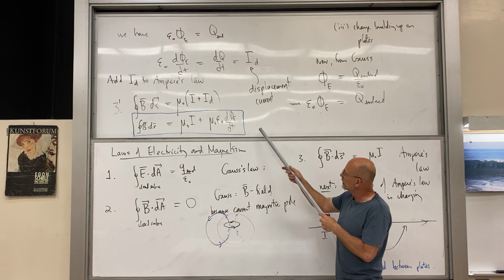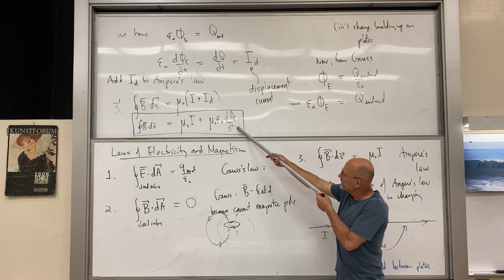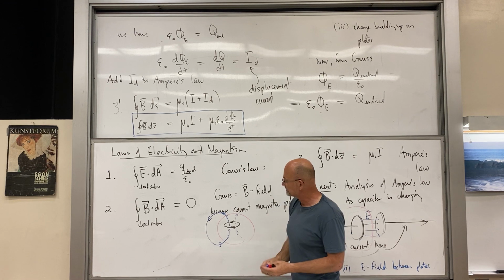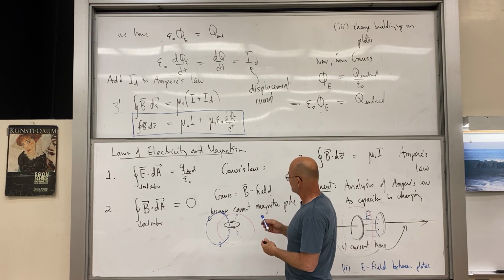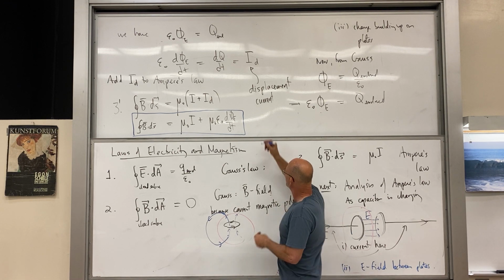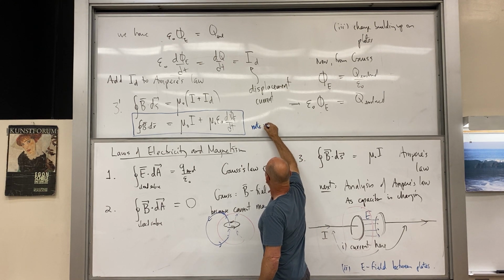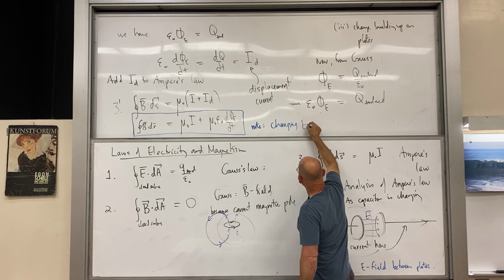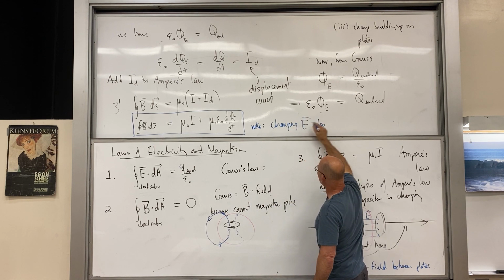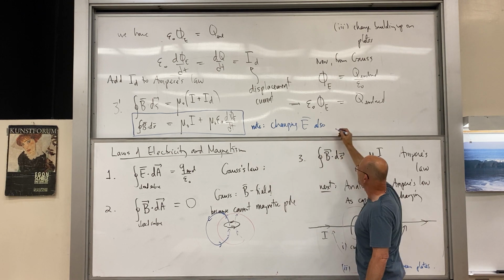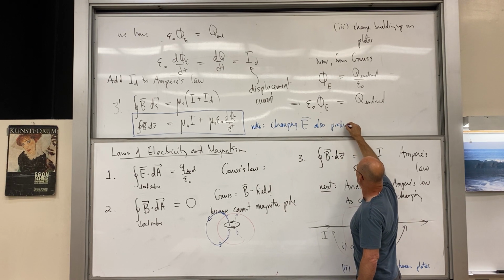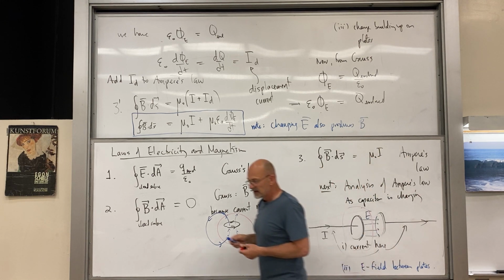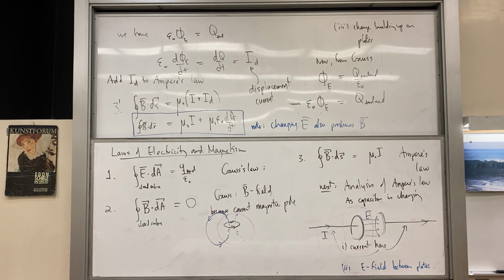I'll put that as a note: changing E also, and that's what a time derivative is, right? Changing E also produces B. That's what we'll leave it at for now. I think that's as far as we're going to go.